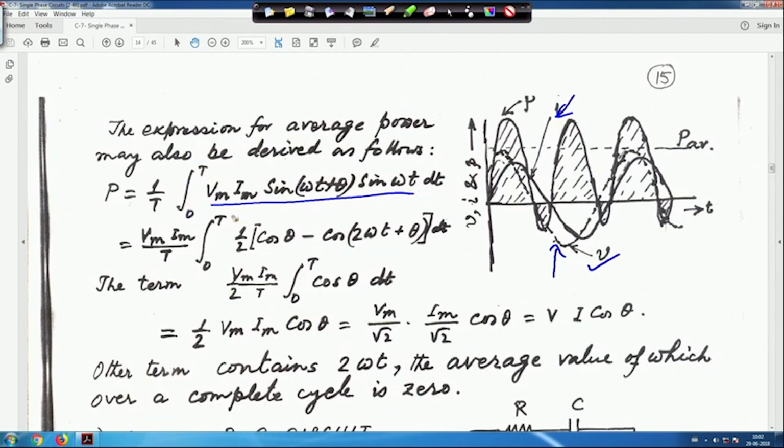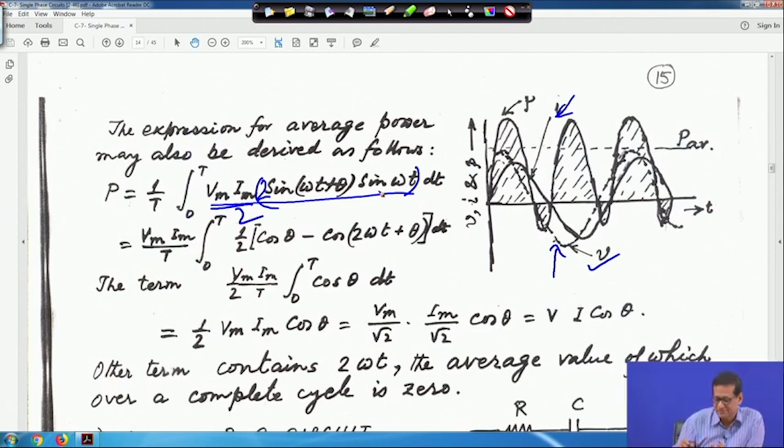What you can do is multiply numerator and denominator by 2, then it is 2 sin A sin B. Use the 2 sin A sin B formula from your class 11 trigonometry: 2 sin A sin B is equal to cos(A minus B) minus cos(A plus B). If you do so, you will get this.